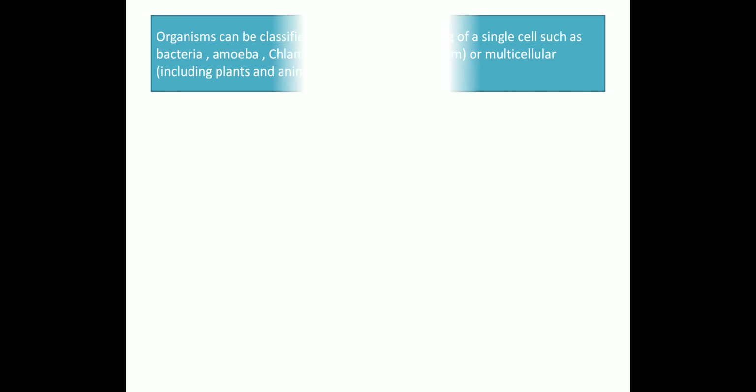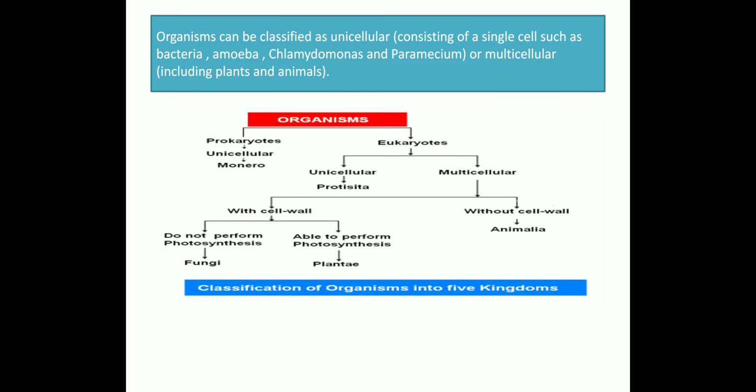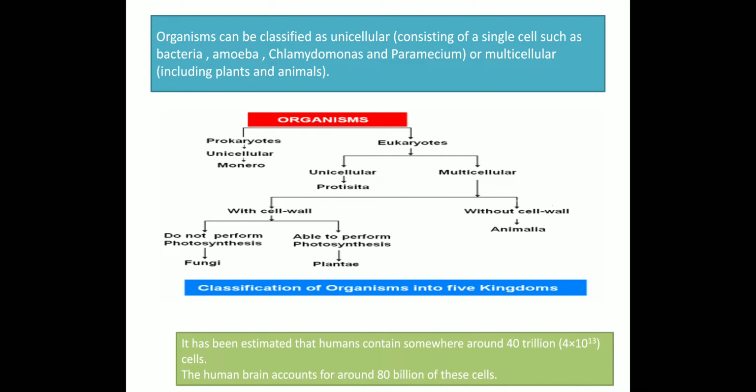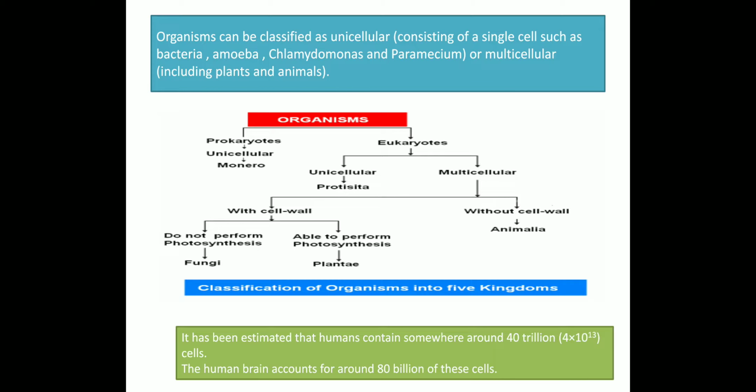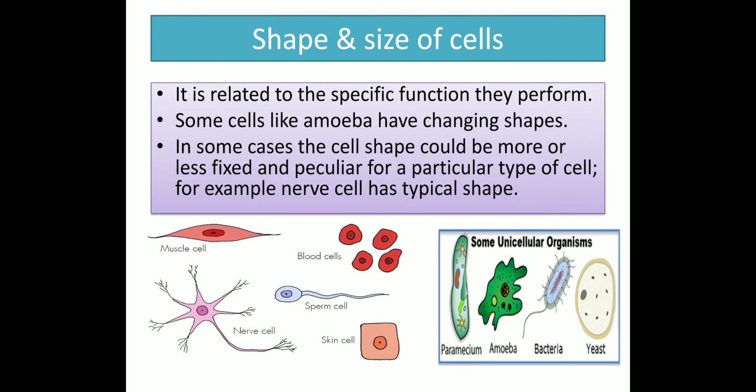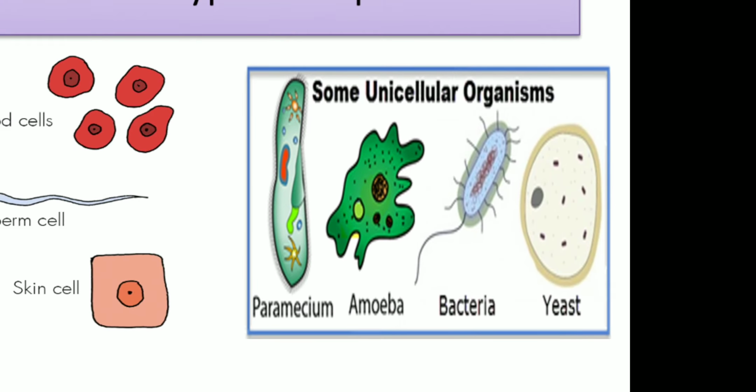On the basis of the cellular system, organisms are classified into two types, mainly unicellular and multicellular organisms. Unicellular organisms are those which consist of a single cell, but it is acting like an organism. Examples are amoeba, paramecium, bacteria, yeast.